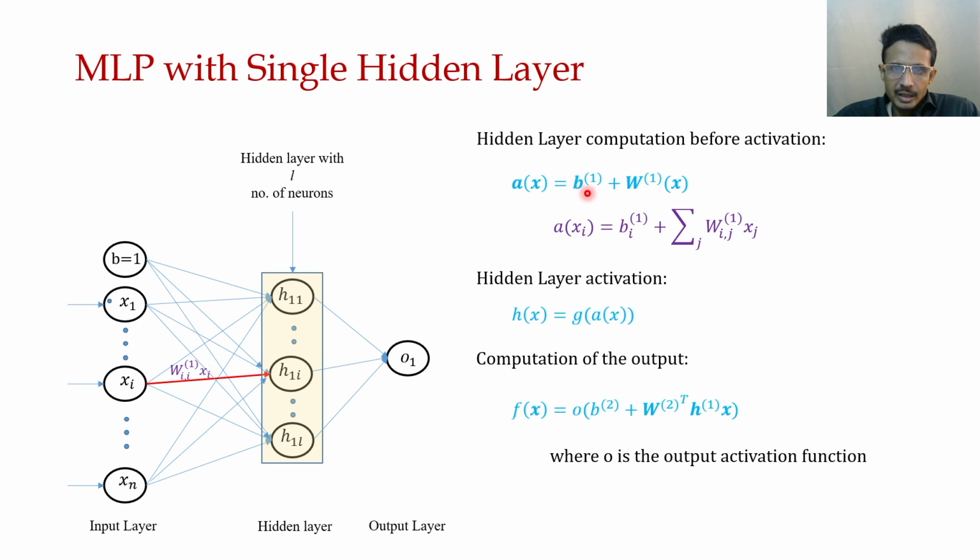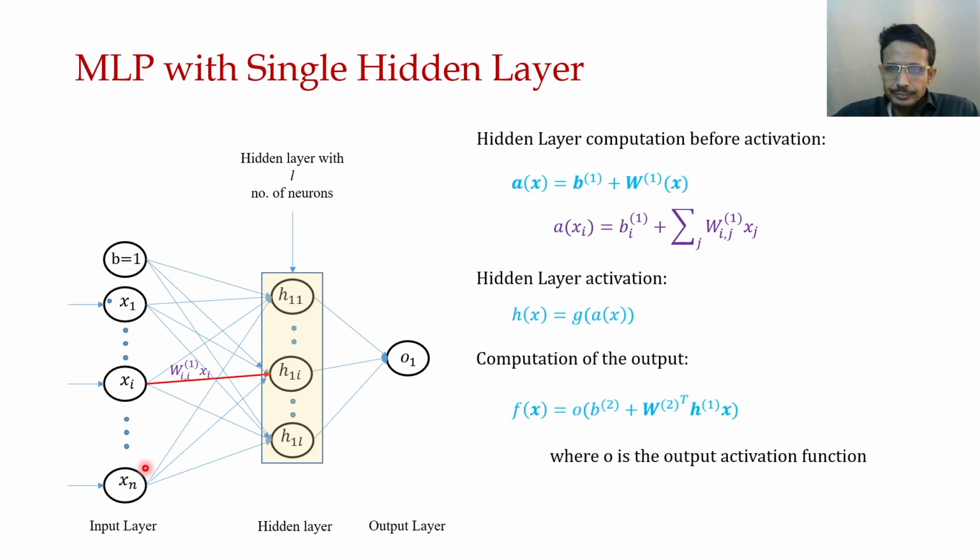The bias is coming from here, that is b1, and then it is W1 times x. You can see W1 because this is the first hidden layer and there is a single hidden layer. These weights are associated with this layer, and these are the input vector.